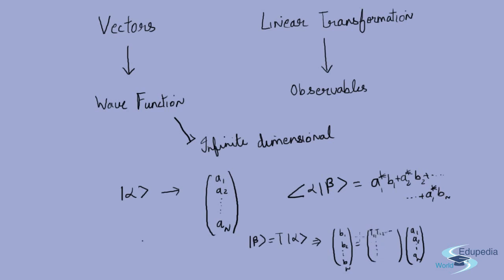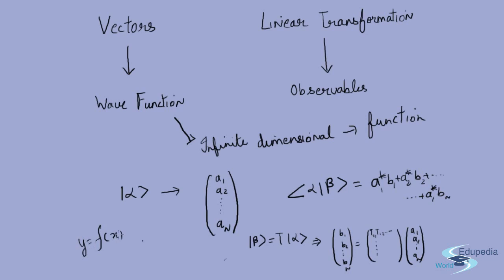But in this case, for wave functions in quantum mechanics, when we talk about infinite dimensions, there are some differences to these definitions. First, a wave function is not represented by an n-tuple, it is basically represented by infinite numbers. But another way of saying that it is represented by infinite numbers is saying that it is a function. The basic definition of a function is f of x, a mapping to y.